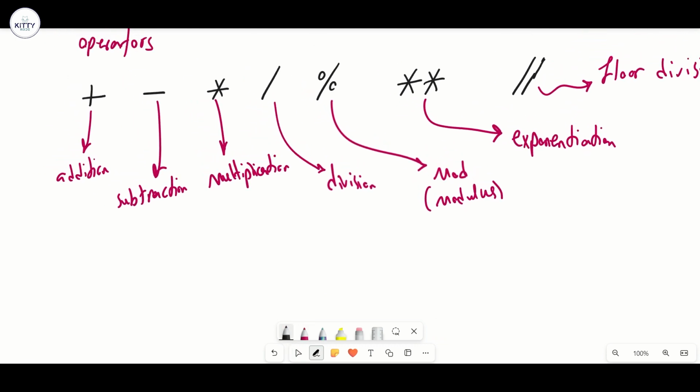Now let's have two variables. num1 equals 5, num2 equals 2.